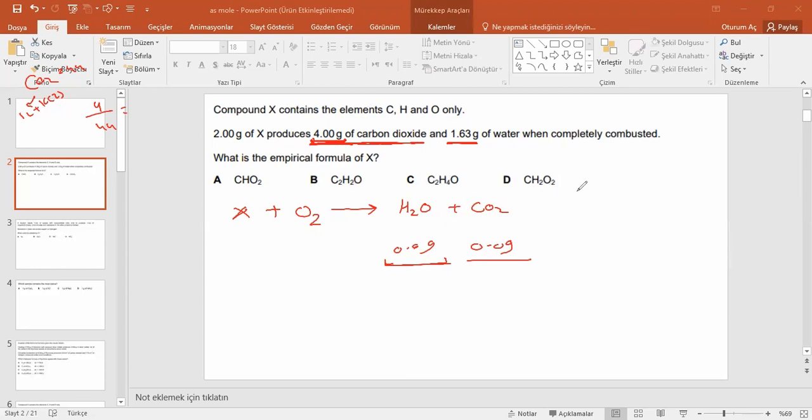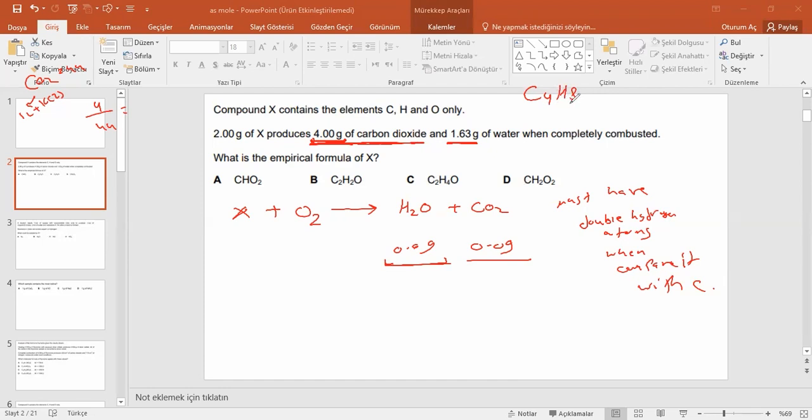So look, guys, this hydrocarbon must have double the hydrogen atoms when compared with carbon. Because look, guys, any hydrocarbon, when you combust it, let's say that you are combusting C4H8, for example.